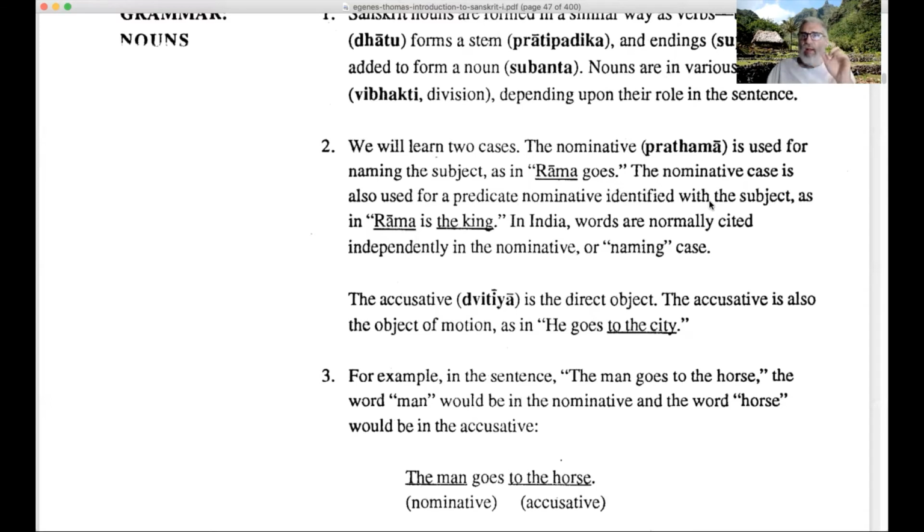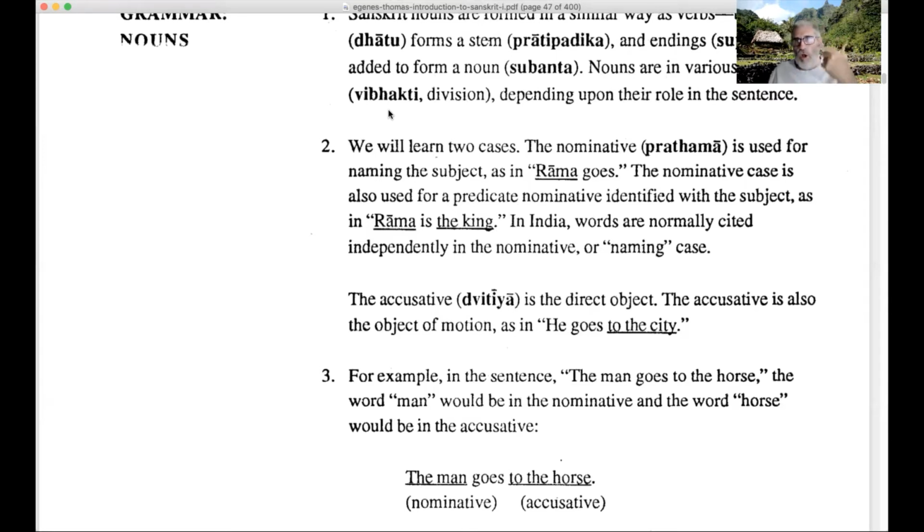Okay, so here, pratama is the first ordinal number. It means first, so the first case. It refers to the vibhakti, or the endings that go on the noun, singular, dual, and plural. So there are three endings for the pratama case, singular, dual, and plural, right? So we have house, two houses, and more than two houses. The nominative is used for naming the subject.